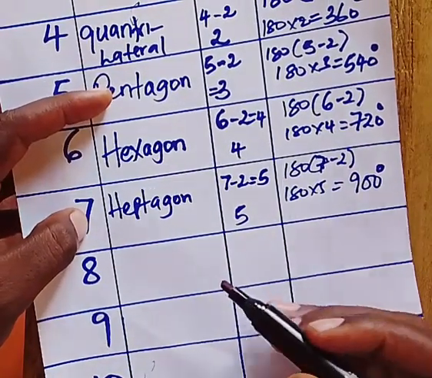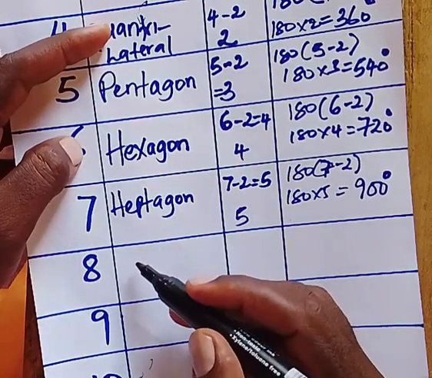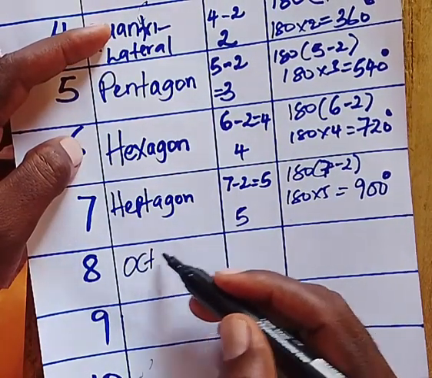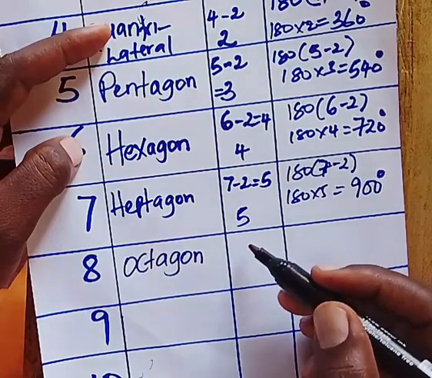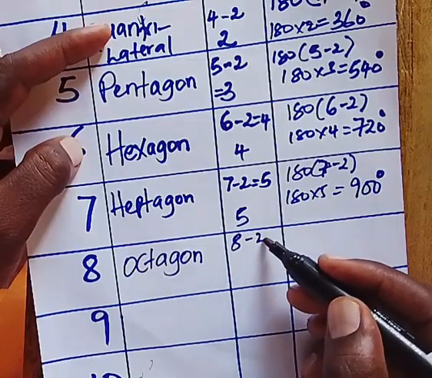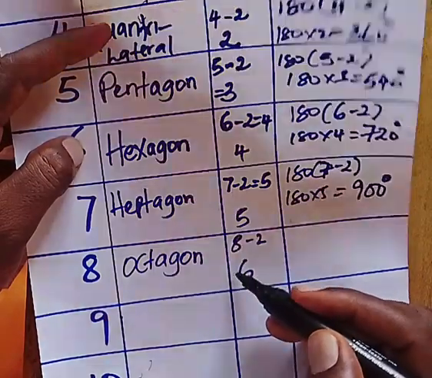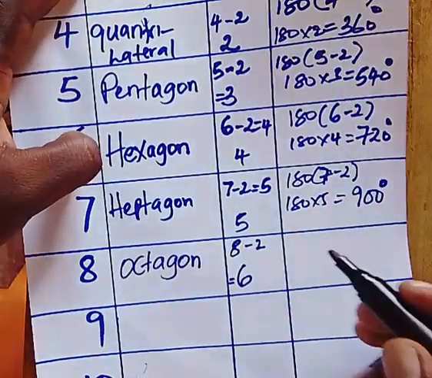Then a polygon with 8 sides is an octagon, meaning it is 8 sides minus 2 to get 6 triangles.